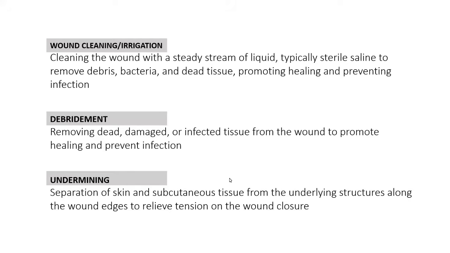What is undermining? Separating the skin and subcutaneous tissue from the underlying structures so that tension is relieved from the wound edges and the closure becomes easier for the physician.